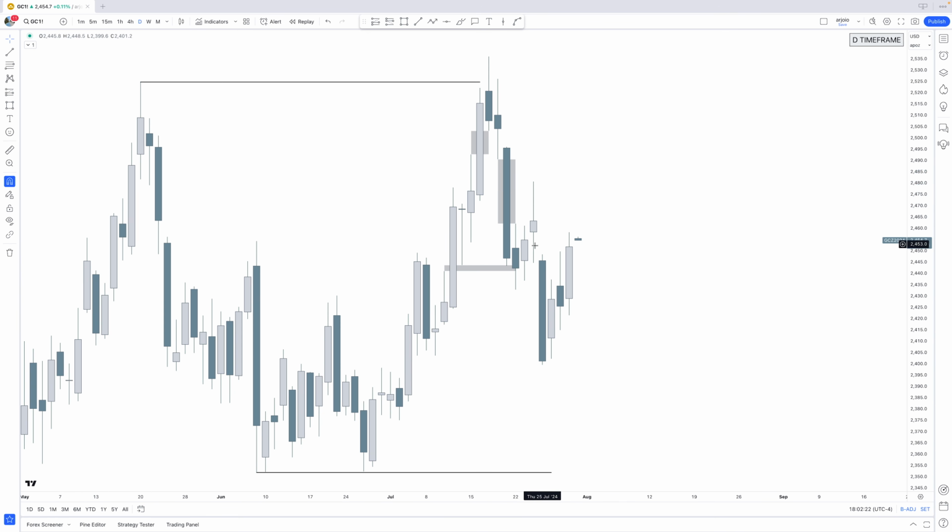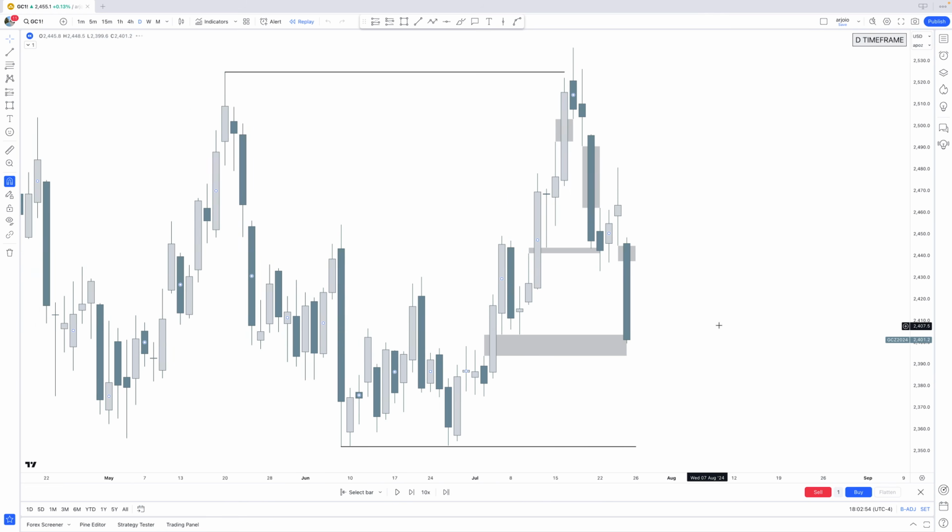Now here, we don't have a big rejection higher, I would argue. But if we take a look at this scenario, where we have this fair value gap sitting right here, look at the difference in the rejection from this fair value gap back to this fair value gap, and from this fair value gap back to this fair value gap right here.